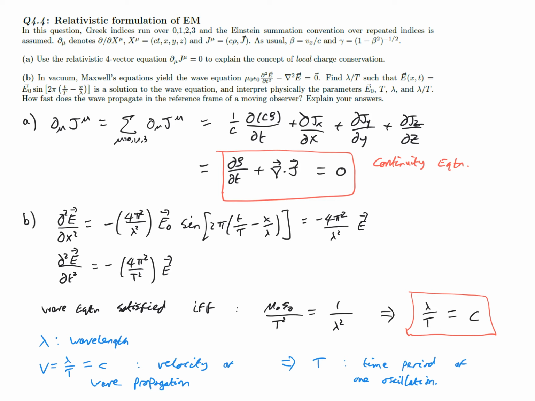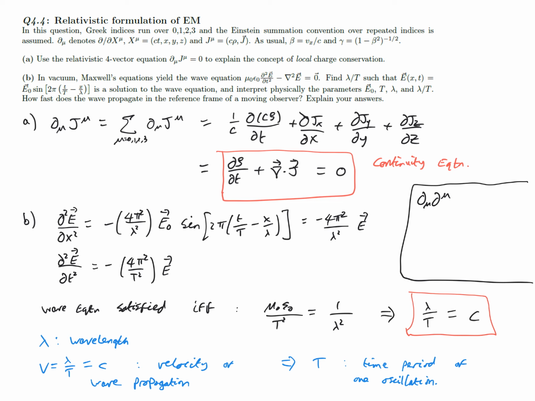Now, the issue is we've got to explain our answers. How do we know that from the mathematics here? We know that because we can actually write the wave equation as a relativistic 4-vector equation. How does that look? Let me just summarize it in this little box here. We can write that d mu, this is a relativistically invariant quantity.